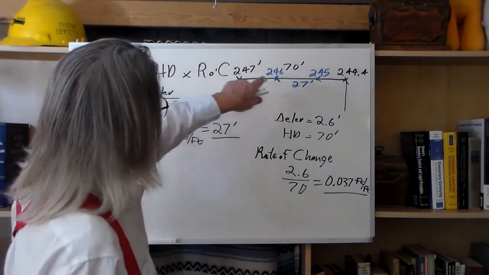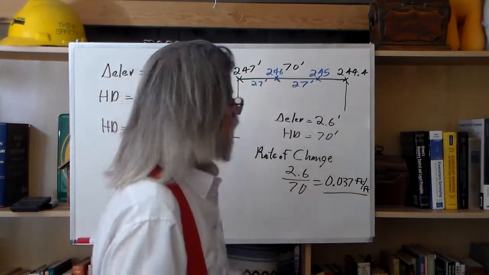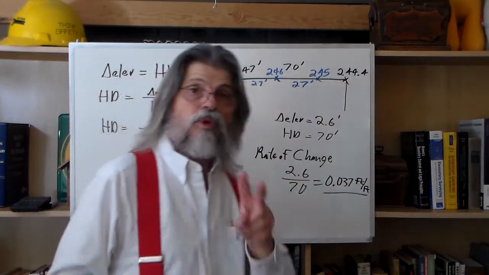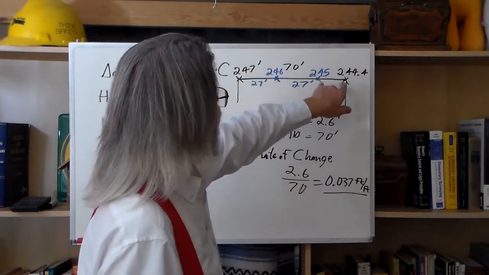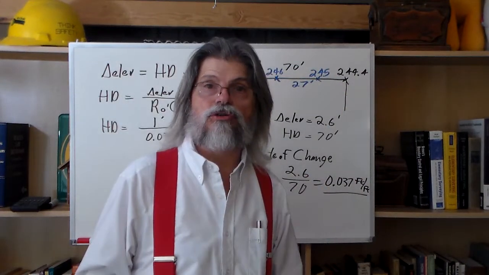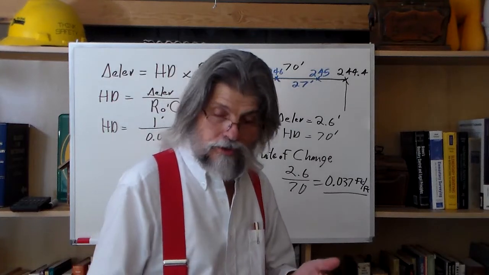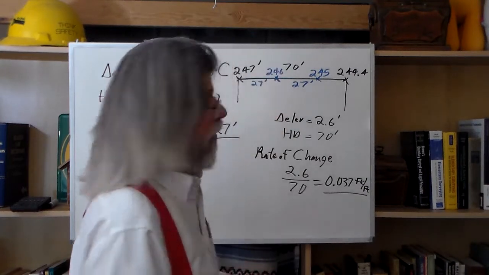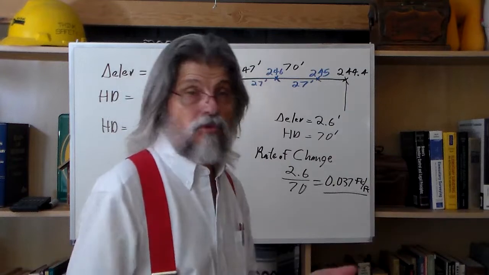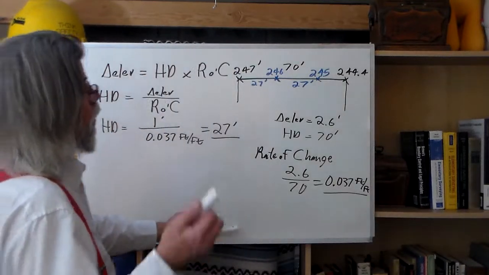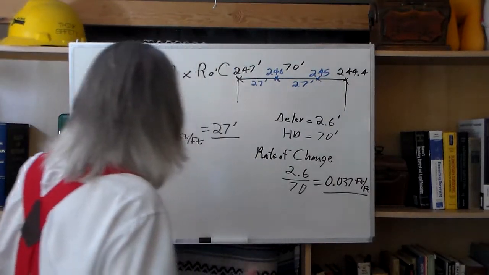So we've calculated a horizontal distance to here and a horizontal distance to here. If we do the math to determine what this horizontal distance should be, and it kind of matches what we've got up here on the board, then we know we did it right. If it comes up with some crazy number, we know we did it wrong. So we're going to check ourselves.